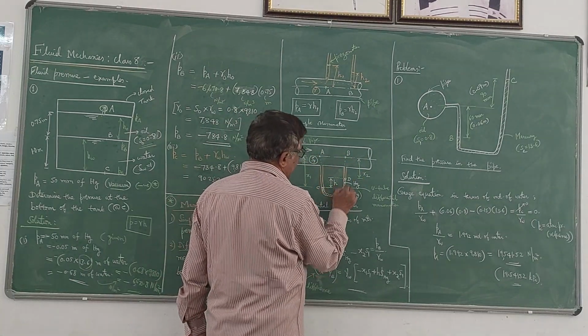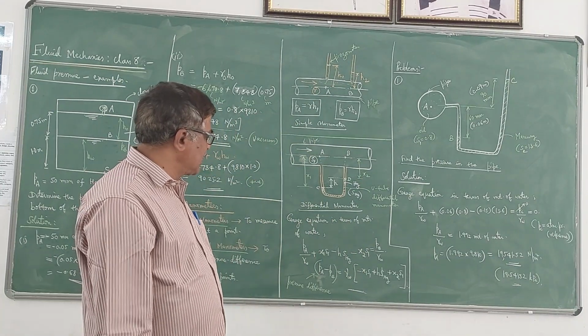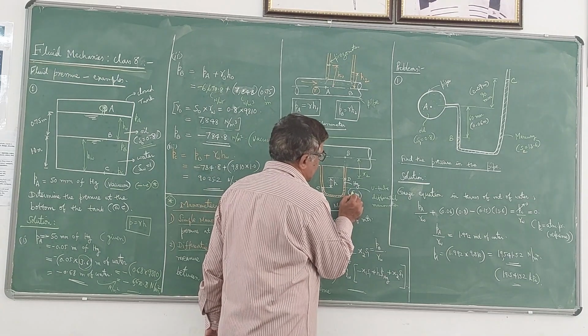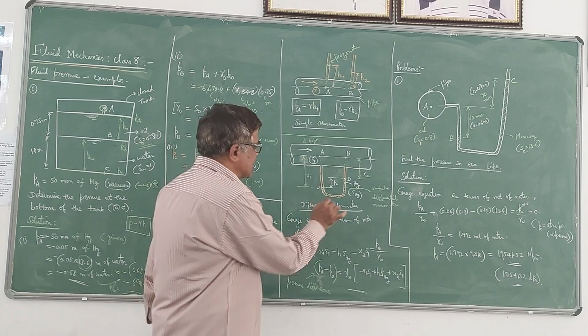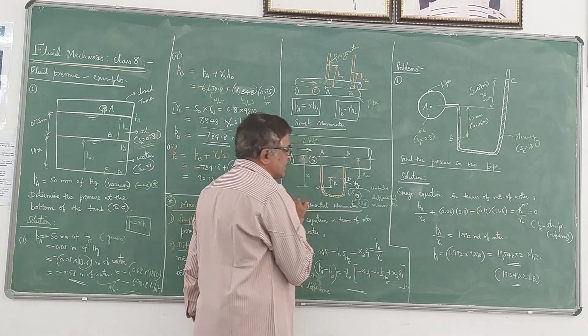And the manometric liquid, usually mercury, I will take its specific gravity as SHG. Usually it is 13.6. If they don't give any value, you have to take 13.6 for SHG.